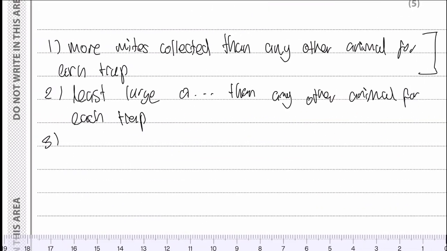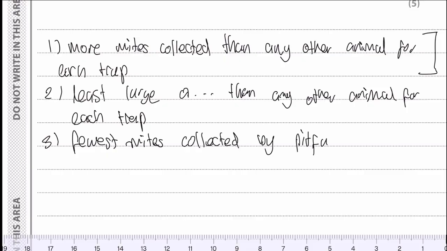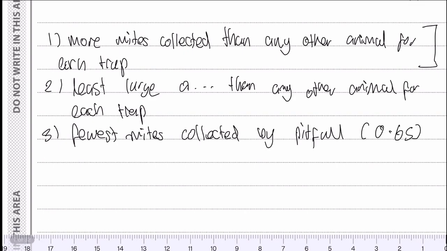And then we can say that there's the fewest mites collected by pitfall, okay? And then we can provide our figure just like this, 0.65.